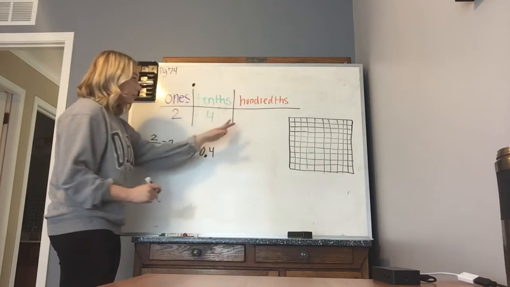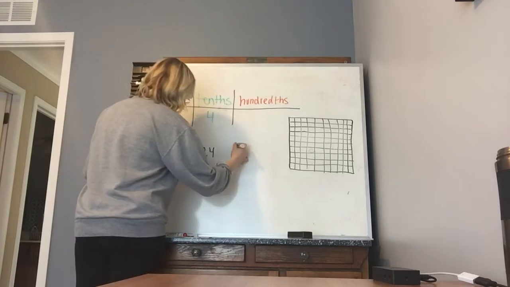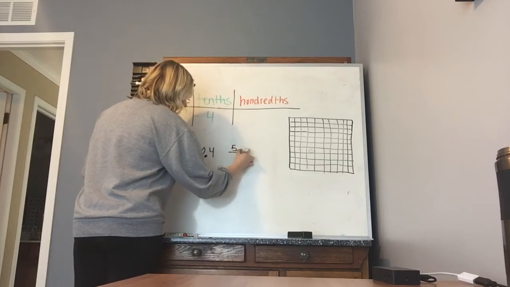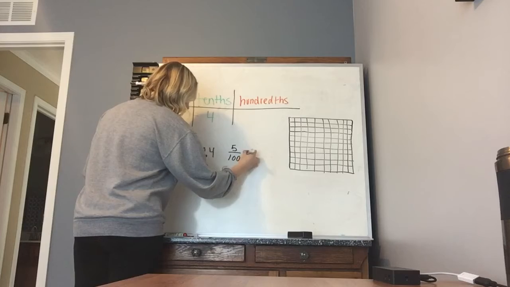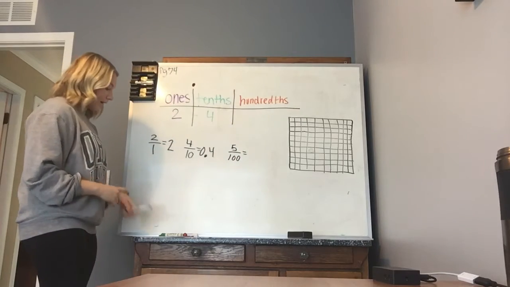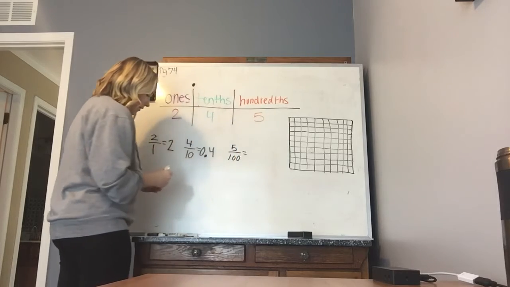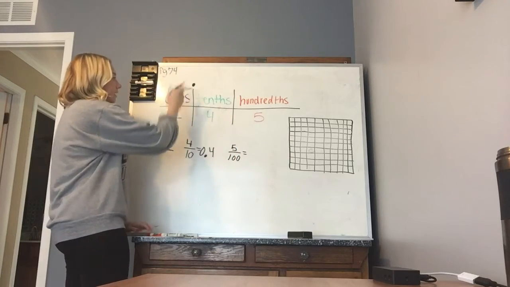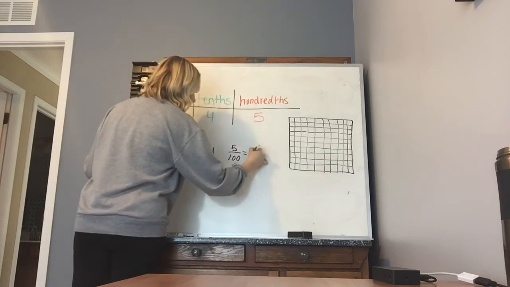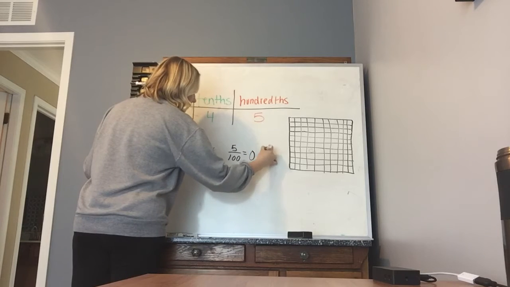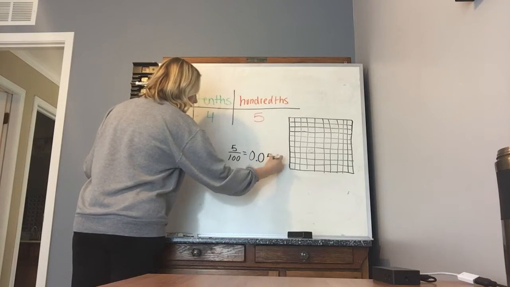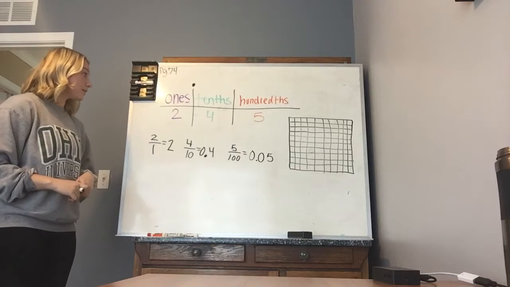And then last one, hundredths. What would that look like? Well, let's say 5 over 100, or 5 hundredths. That really means that there's 5 hundredths. Let's say there's 0 in the ones place, 0 in the tenths place, and then 5 in the hundredths place.